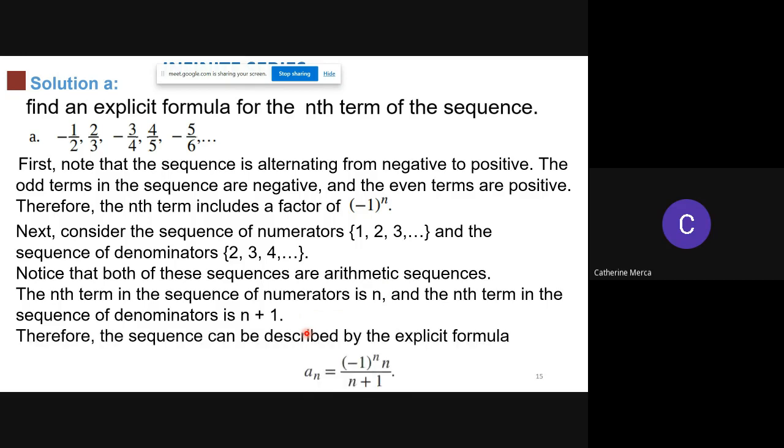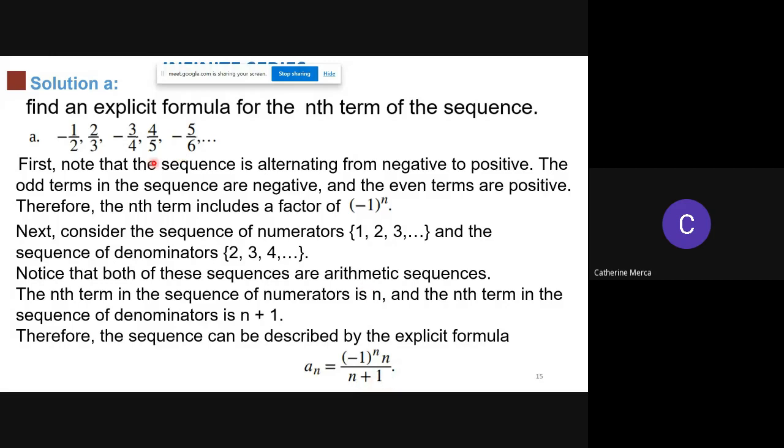This sequence will give you a sub n equals negative 1 to the n times n, because in the numerator you have n: 1, 2, 3, 4, 5. And in the denominator, it's simply add 1, so n plus 1.